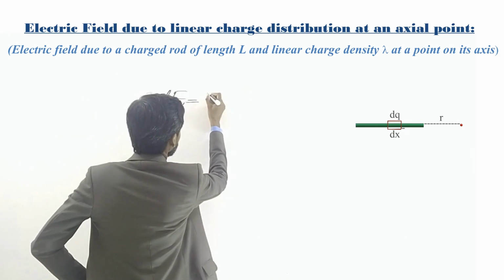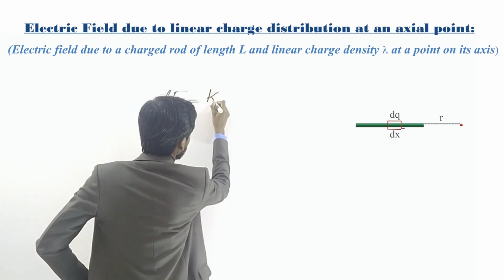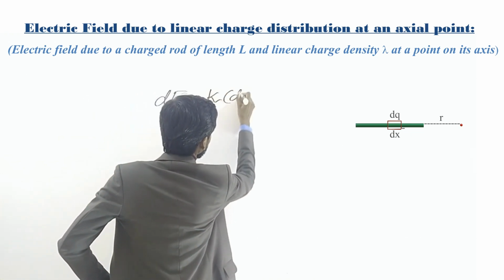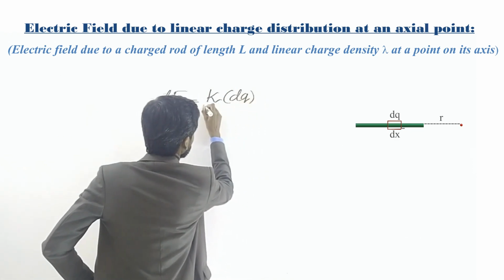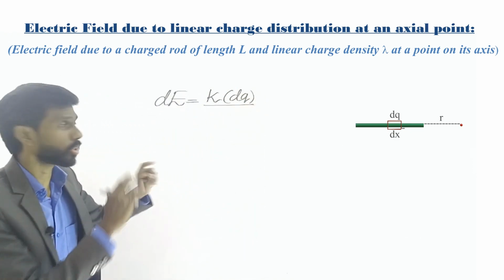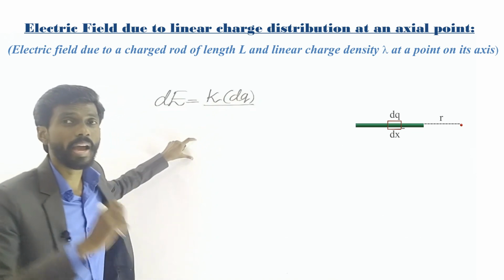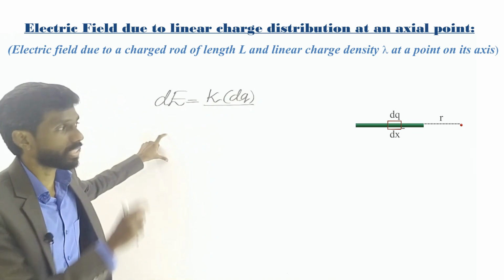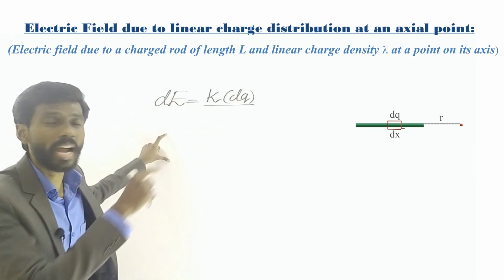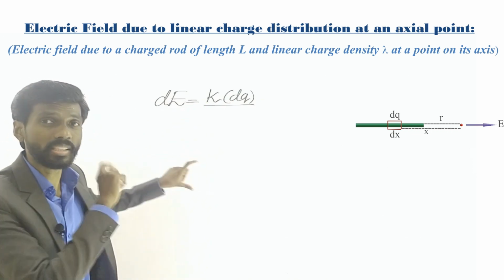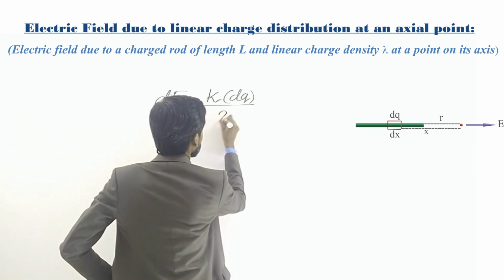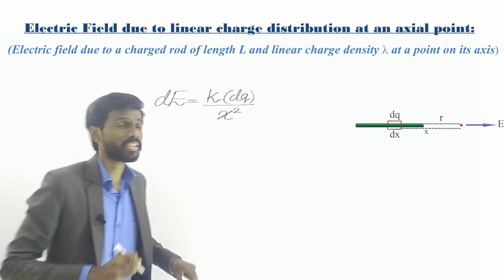That is the electric field due to point charge, that is kq divided by r squared. But q here is dq, that is the charge of that small elemental portion. So that is k dq divided by r squared. r is the distance between that charged part and that point, so that is taken as x here, not r. x is the distance, so that is x squared. Alright, so this is dE.